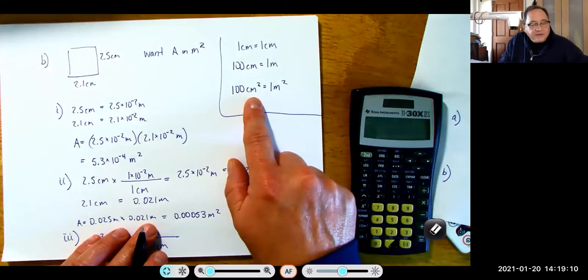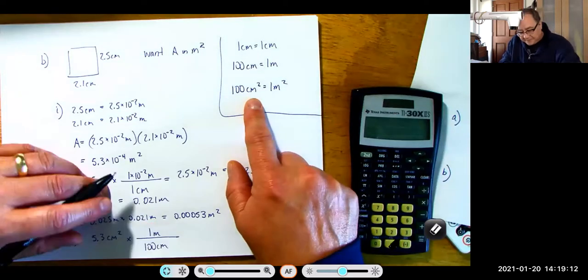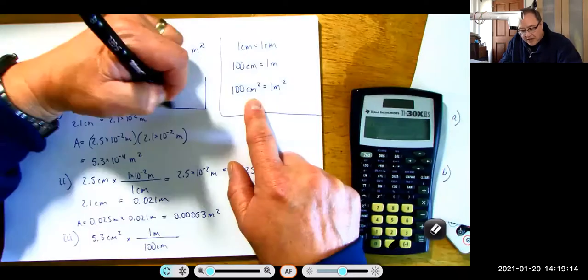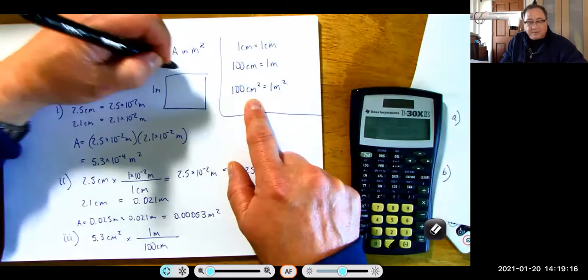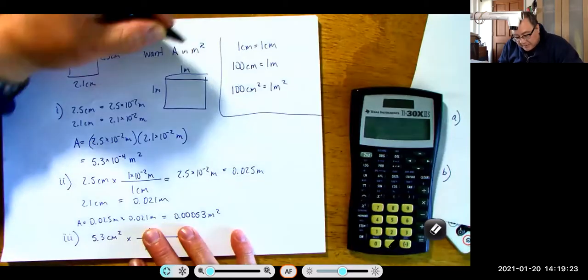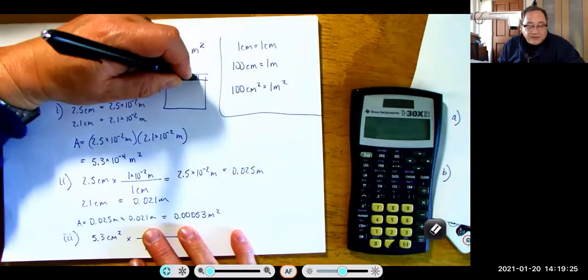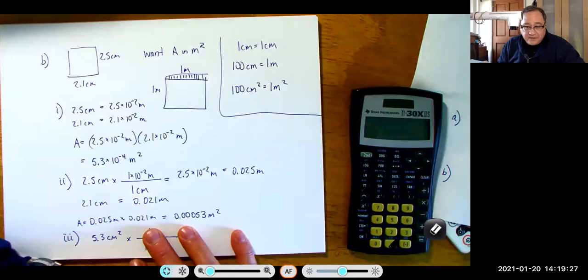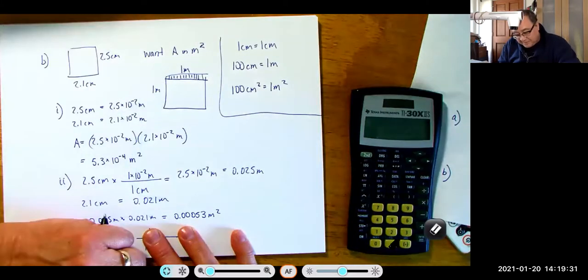Maybe. Here's a way to figure it out. Let's call that 1 meter and let's call that 1 meter, right? How many centimeters are there? 100.